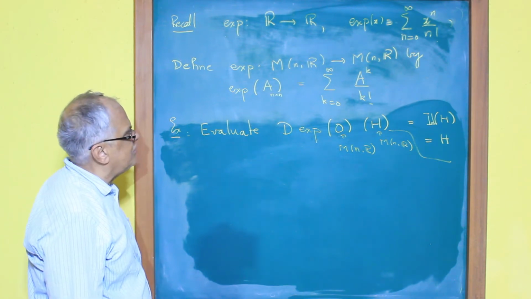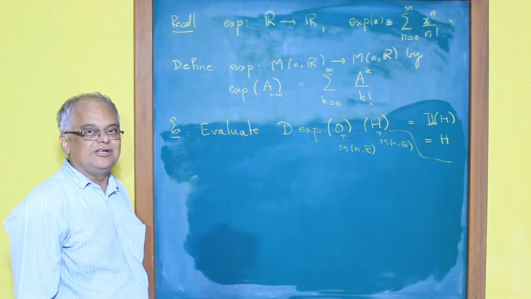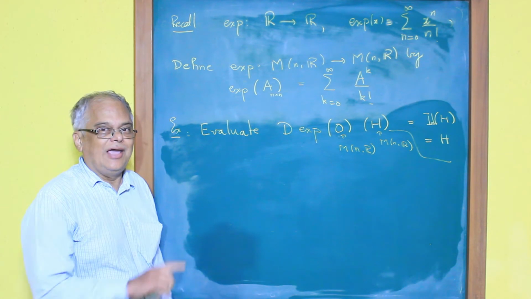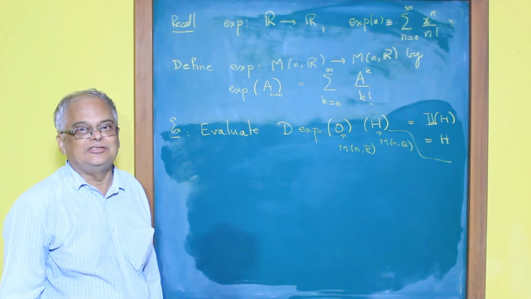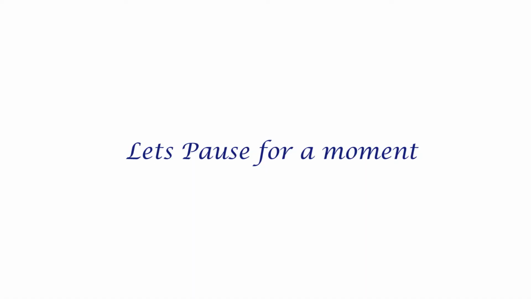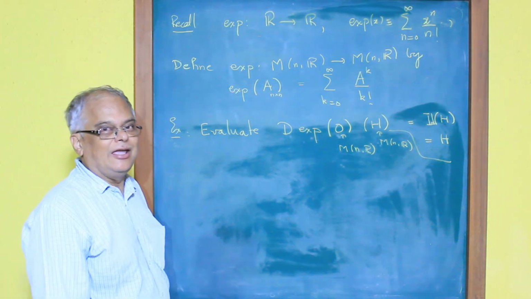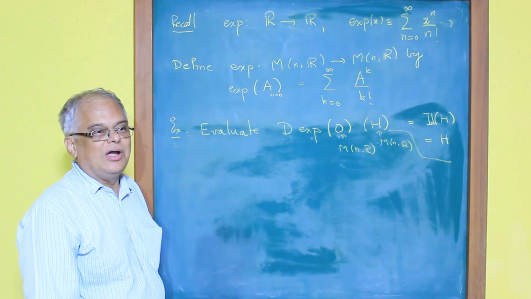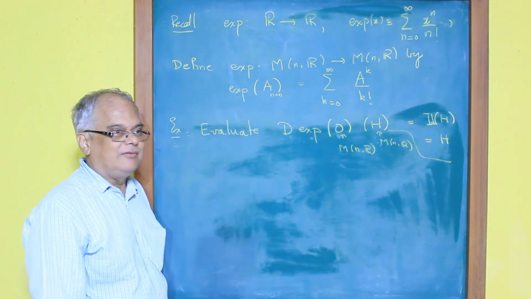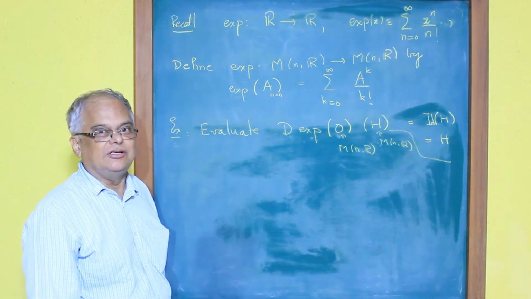This is going to take a little bit of time, but anyway, it's worthwhile thinking about it. So this exponential map is something that arises everywhere. And finding the derivative of the exponential at a point is a very important concept, which you will need over and over again. So in fact, this is a place where, again, you should try to think about what you would mean by finding the derivative of a function in terms of partial derivatives.